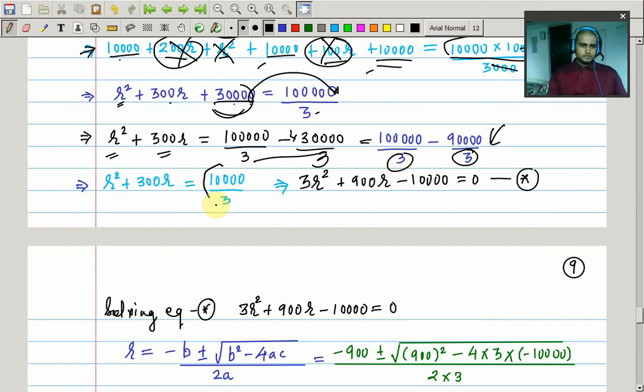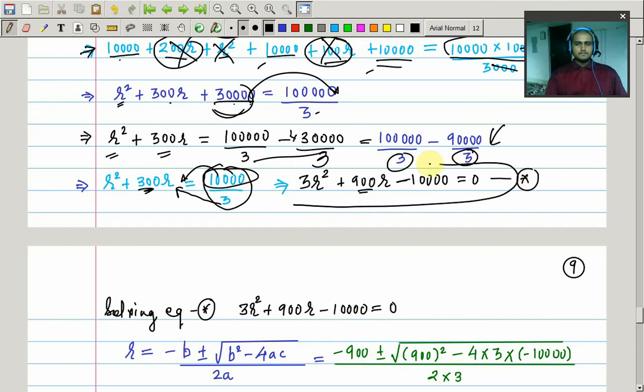This 3 I have multiplied to that side, so 3R square upon 300 into 3 is 900, and this 10,000 I have shifted to that side, so minus 10,000. So here I have a quadratic polynomial.